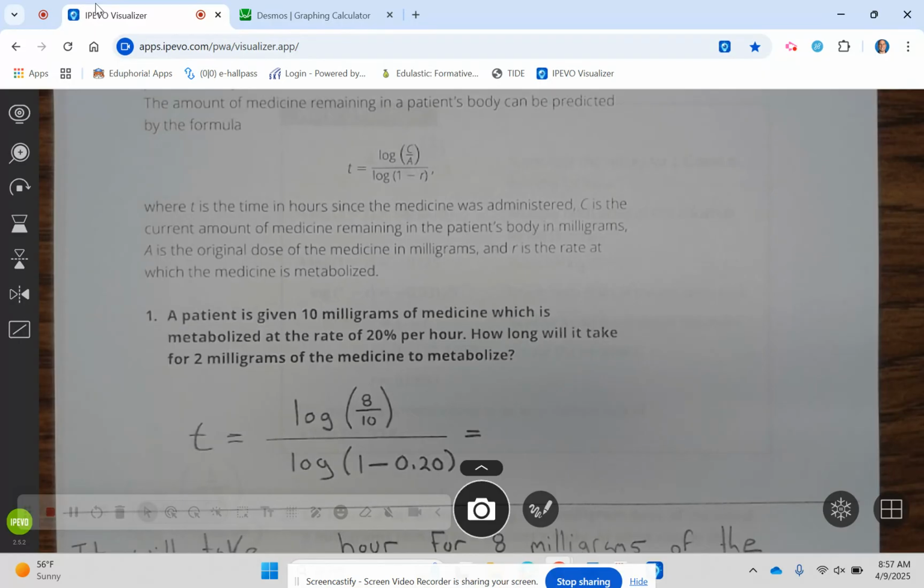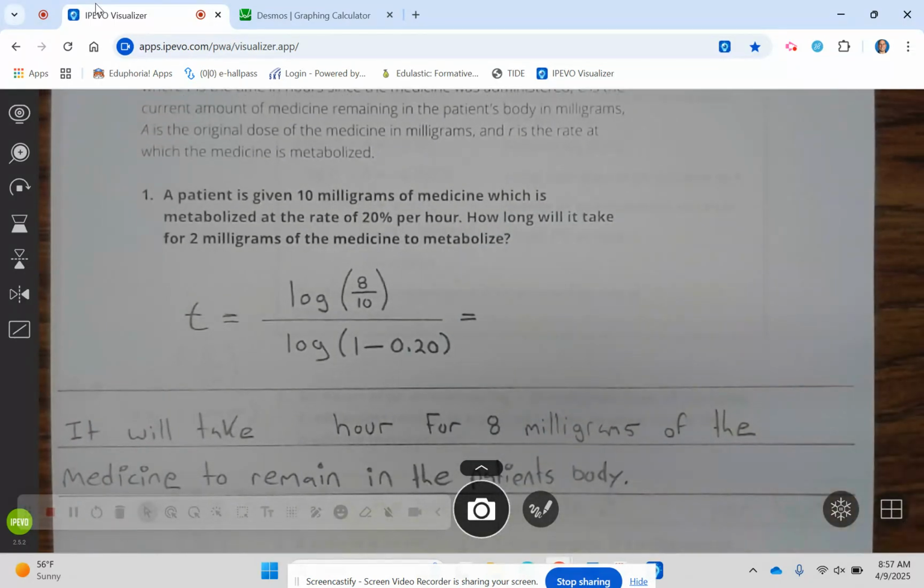1. A patient is given 10 milligrams of medicine which is metabolized at the rate of 20% per hour. How long will it take for 2 milligrams of the medicine to metabolize?